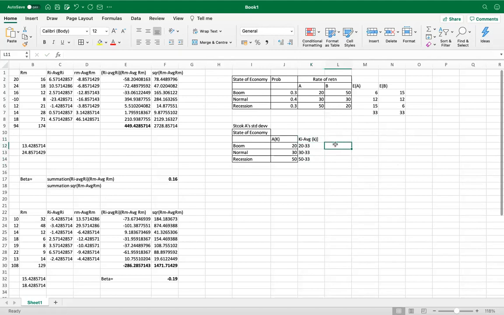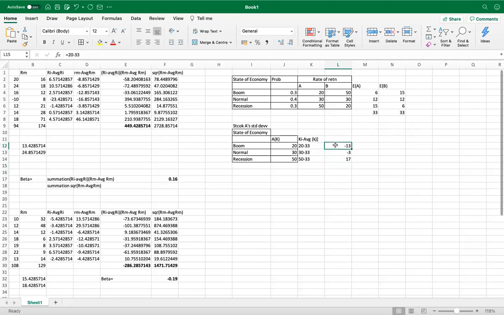Which is equal to 20 minus 33, equal to 30 minus 33, equal to 50 minus 33. So this is going to be my Ki minus Ki bar.